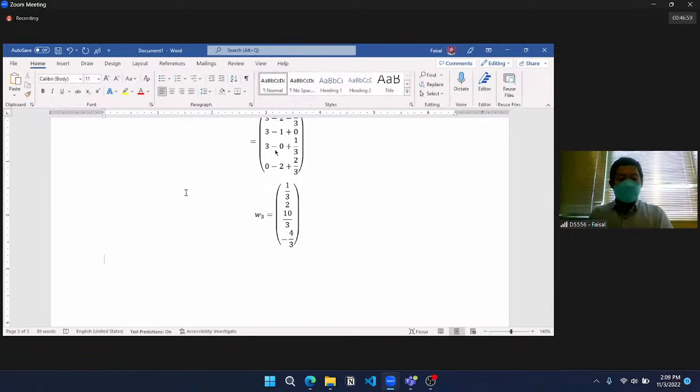And we now have three vectors which are mutually orthogonal.